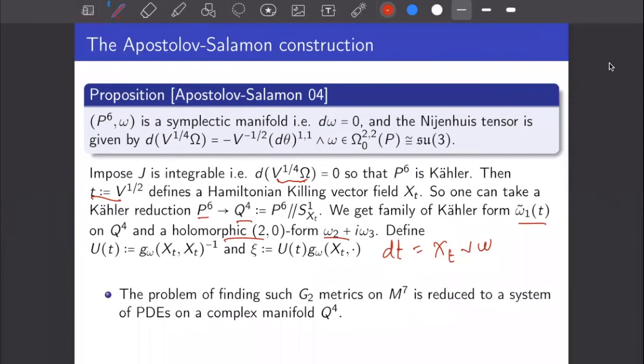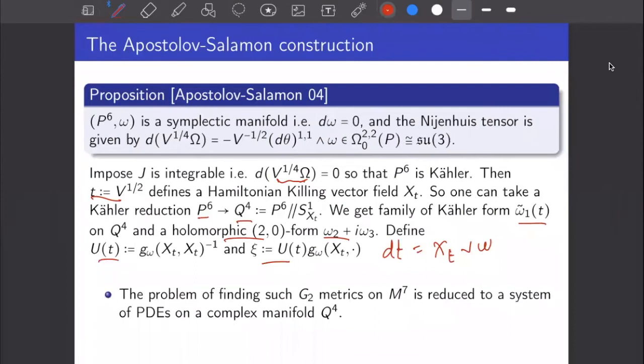Now, there are 2 pieces of data that we can define on our 6-manifold. Namely, there is the inverse norm squared of our Hamiltonian vector field, and there is a canonical Riemannian connection. So this is the same sort of formula that we used to define the connection theta and function V from early on.